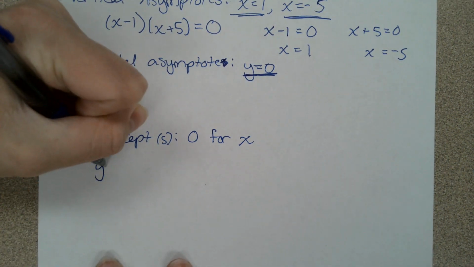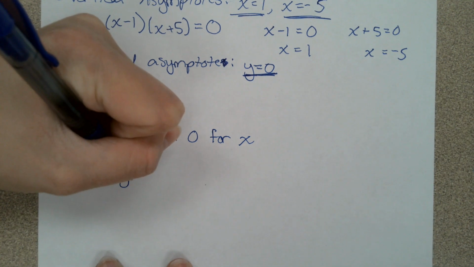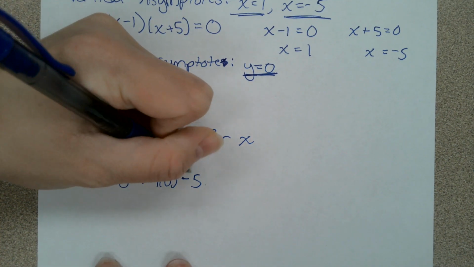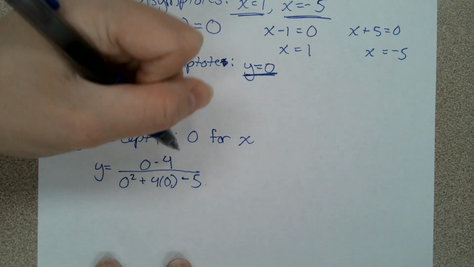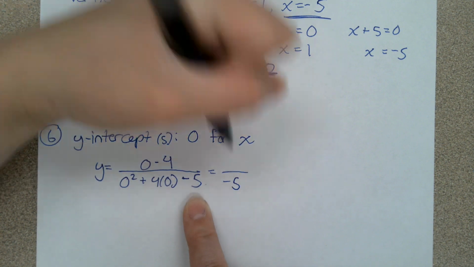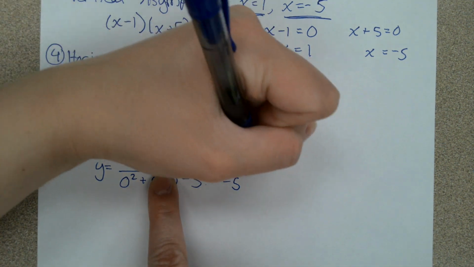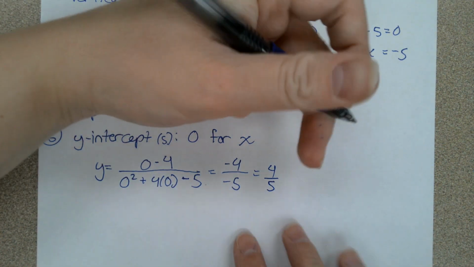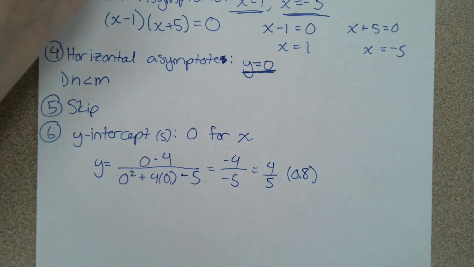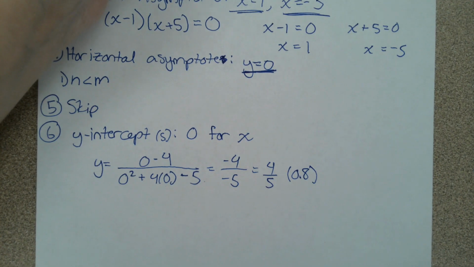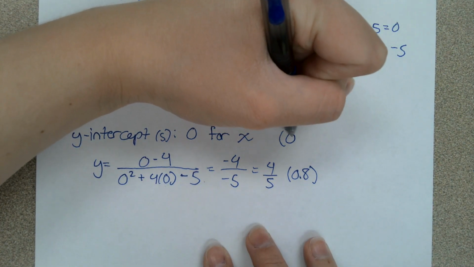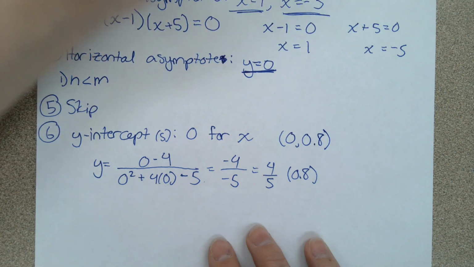So we have y equals 0 squared plus 4 times 0 minus 5 on the bottom, and on the top we have 0 minus 4. Negative 5 on bottom, negative 4 on top, so 4/5. And by the way, 4/5 is just 0.8, so it's actually a very nice decimal. So I'm going to write this point as 0, 0.8.